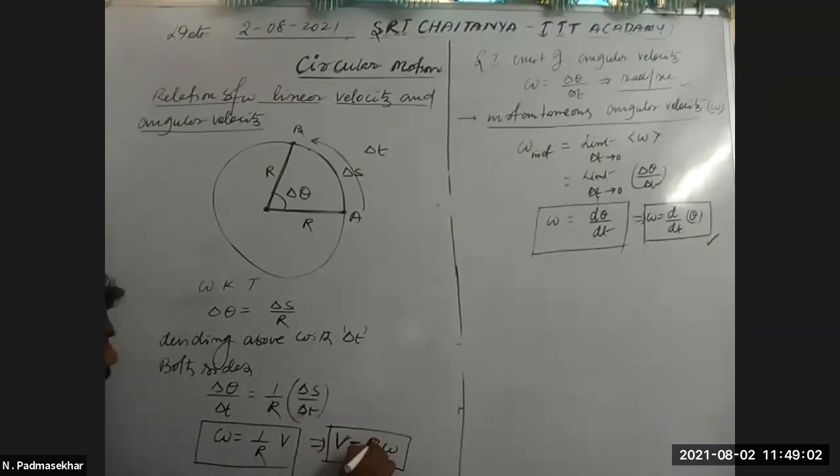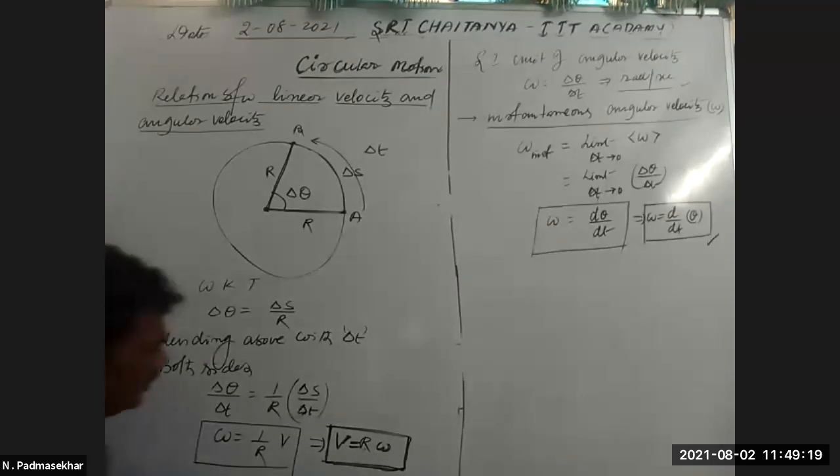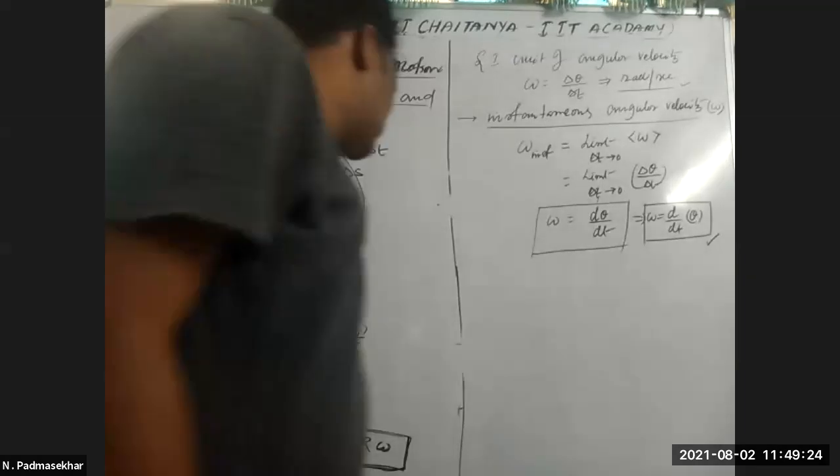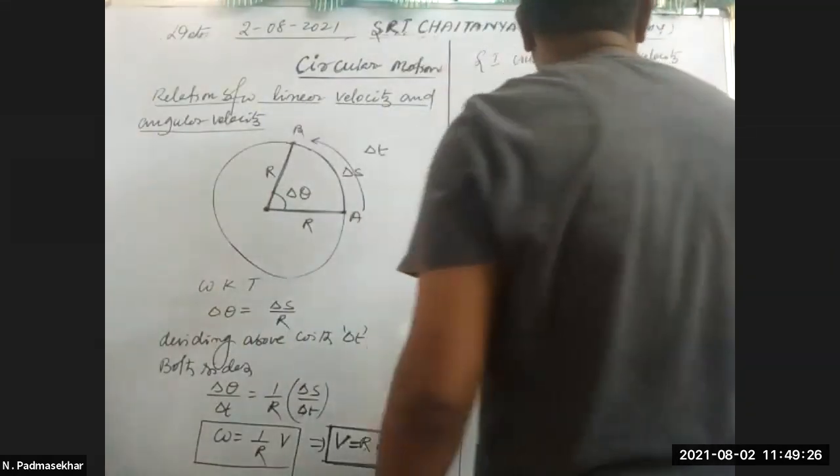This is the relation between linear velocity and angular velocity.